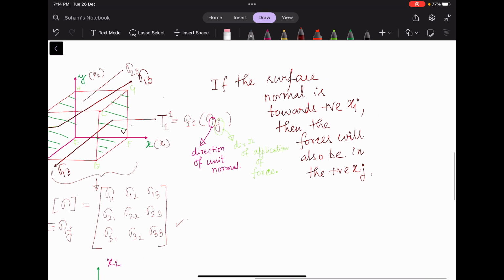And actually I can take a bracket here: positive xi or negative xi. Then according to that it will be positive xj or negative xj.